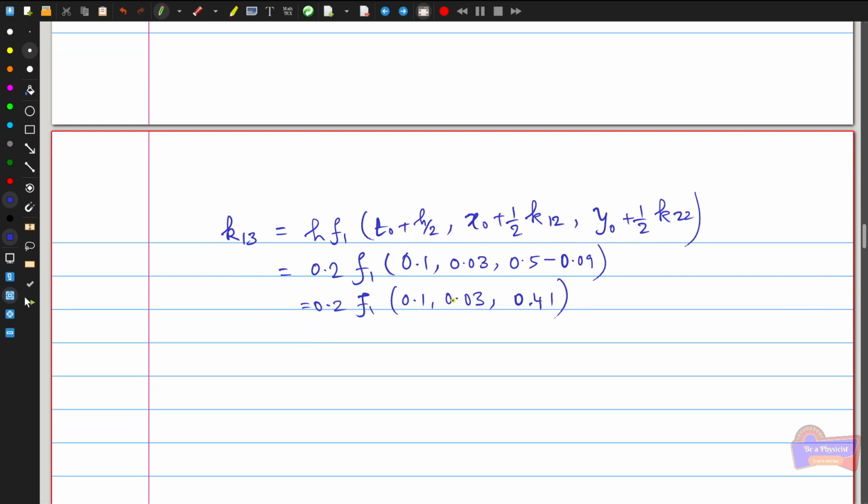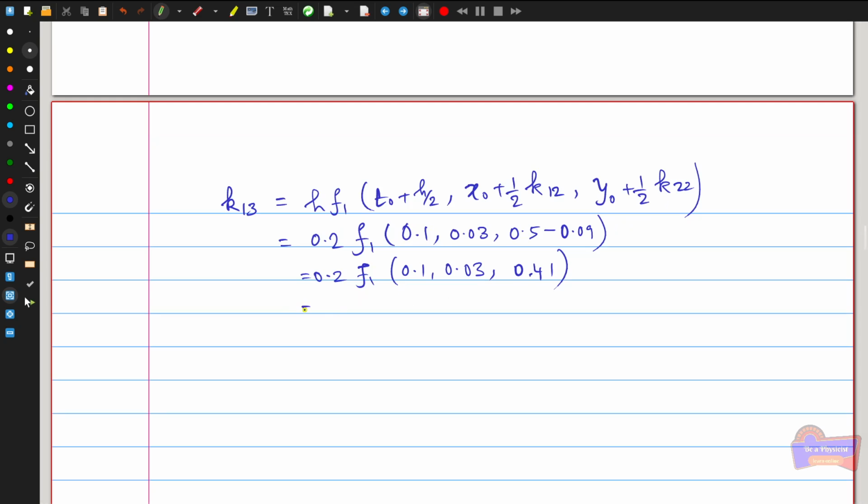Now we can substitute these x and y values in the x equation: 0.2 into minus 3 times 0.03 plus 2 times 0.41, and the final value is 0.146.